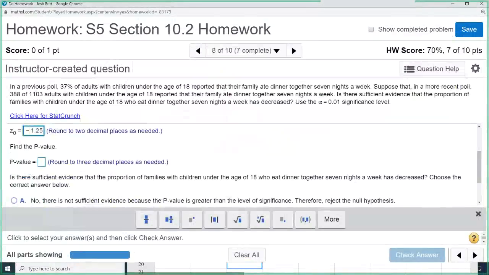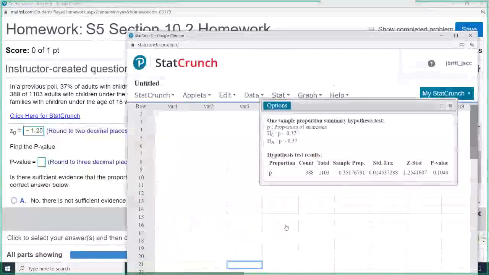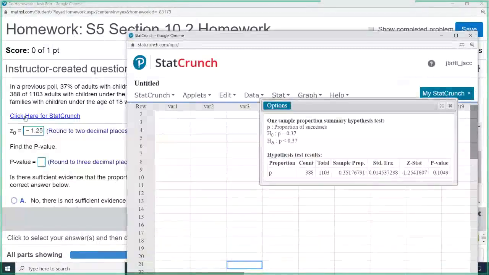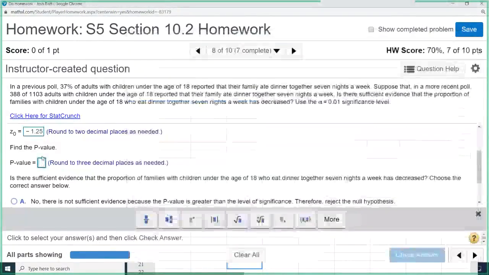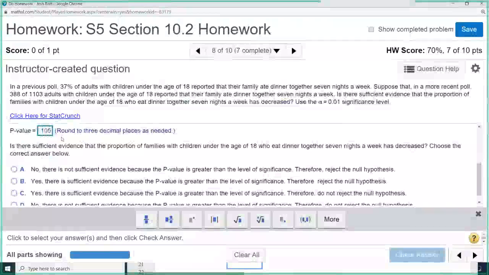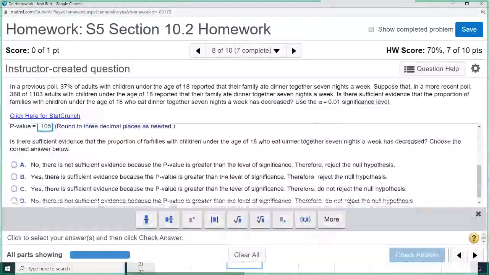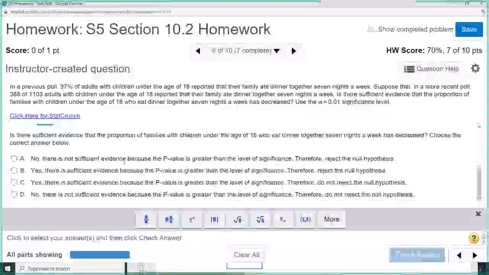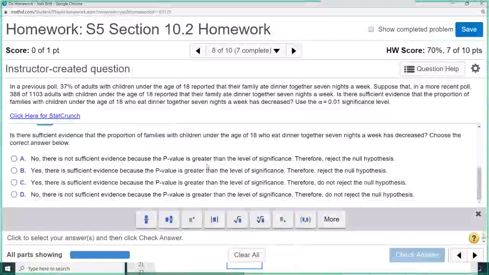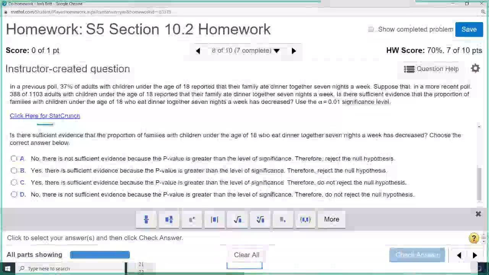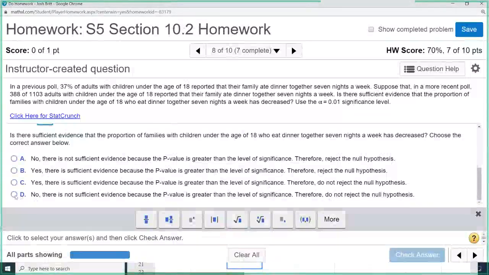And the p-value is 0.105, which is larger than alpha. So no, there is not sufficient evidence because the p-value is greater than the level of significance. Therefore, do not reject.